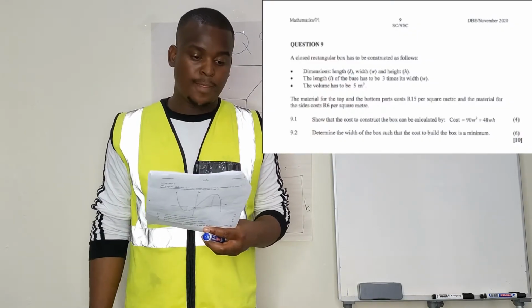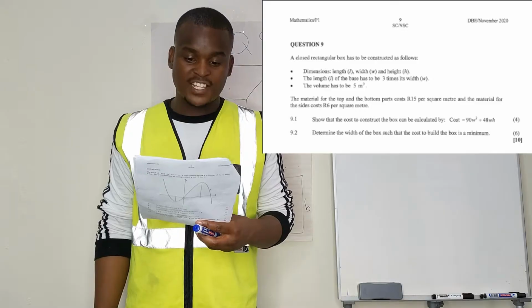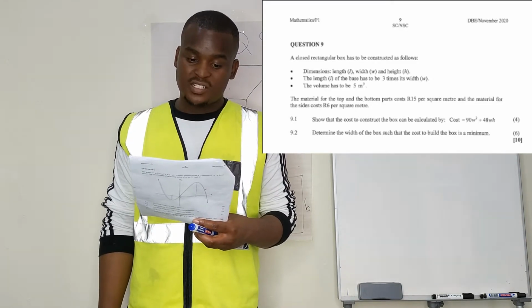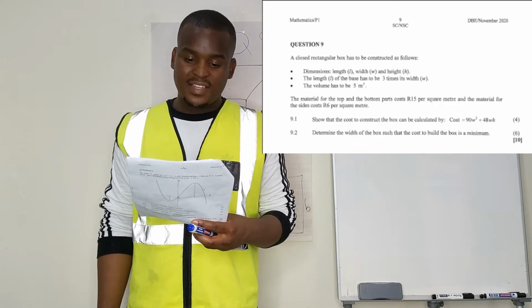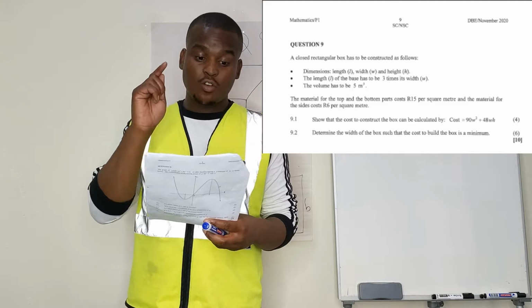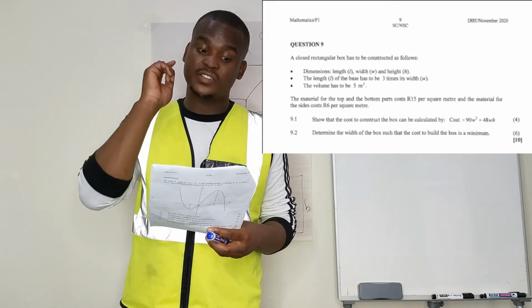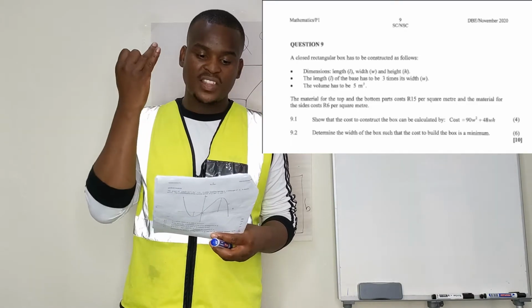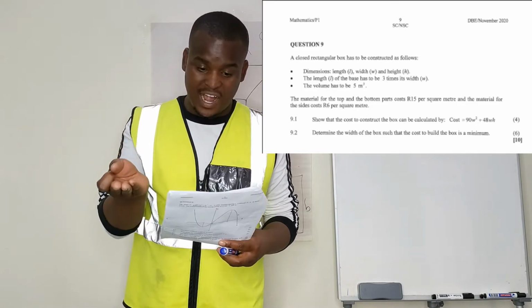Question 9. A closed rectangular box has to be constructed as follows. This box must have the dimensions: length, breadth and height.